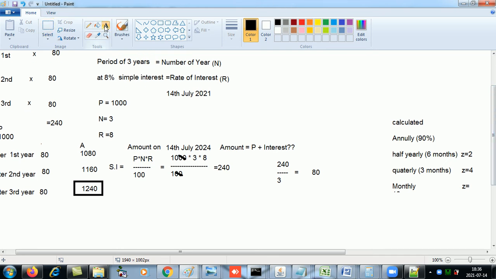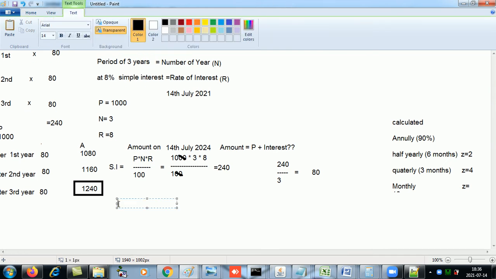So if the interest is 240, then one formula for amount is P plus I. The P was 1000 and the interest was 240, so the amount will be 1240. This is formula 1.